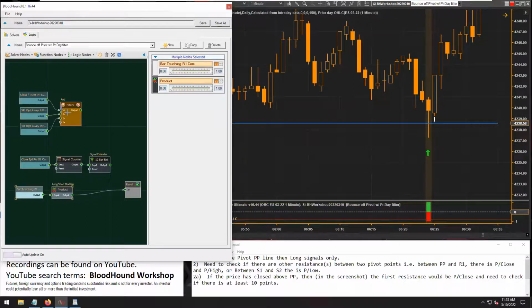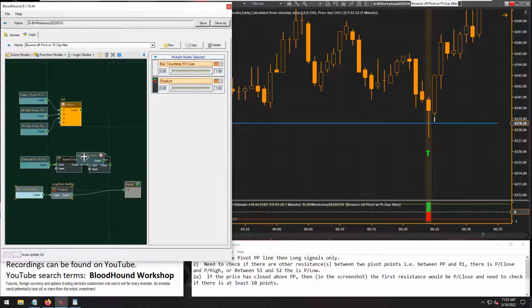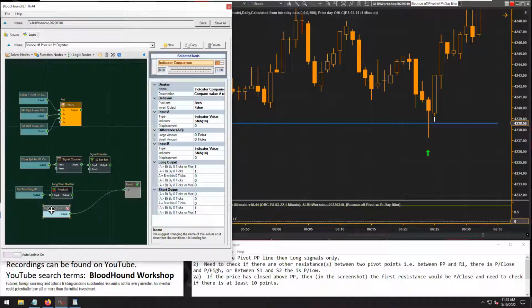So for that, we're going to grab another comparison solver. And let's put that down there. Once again, we're going to compare the low price of the bar or the high of the bar. So this solver, we're going to be able to use it in two places here.